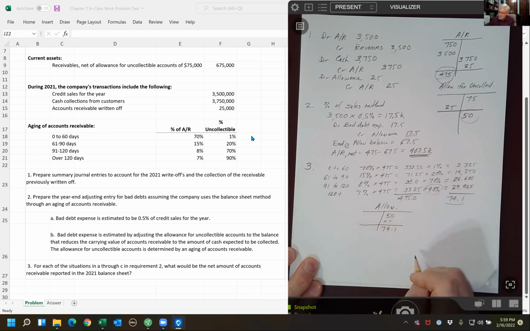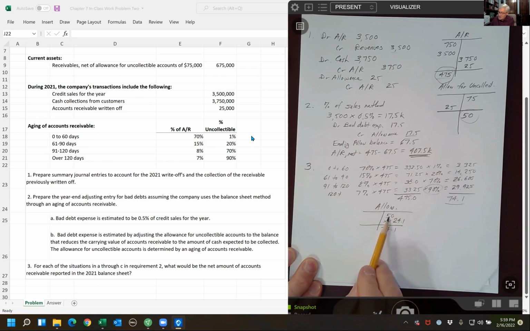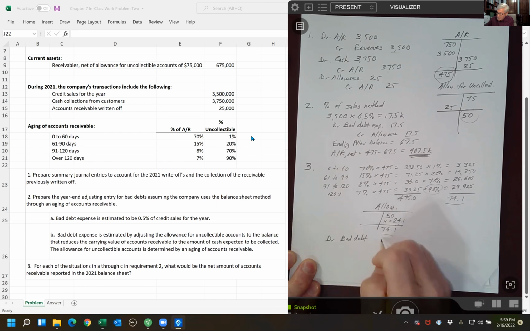Solve for X. 24.1. $50,000 credit plus $24,100 credit equals 74.1 thousand. Entry: debit bad debt expense for 24.1 thousand, credit my allowance account.